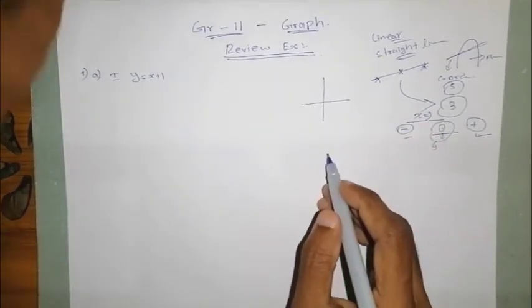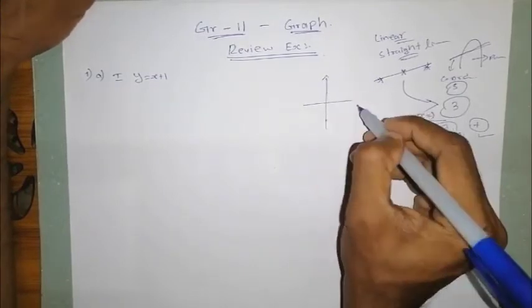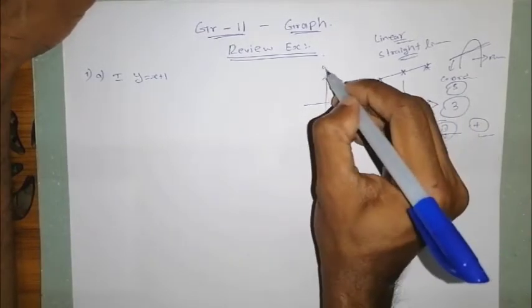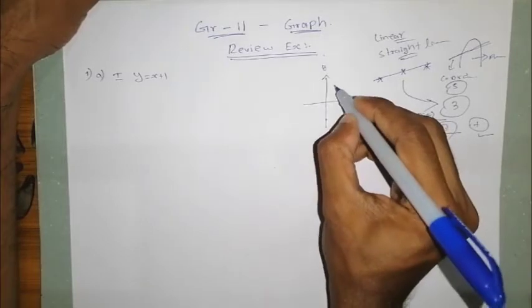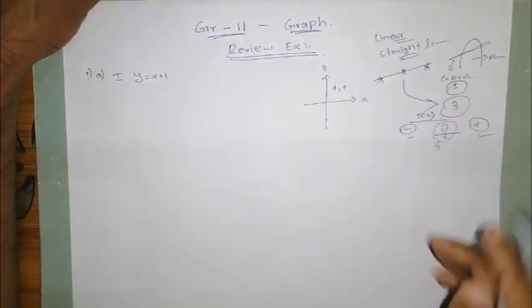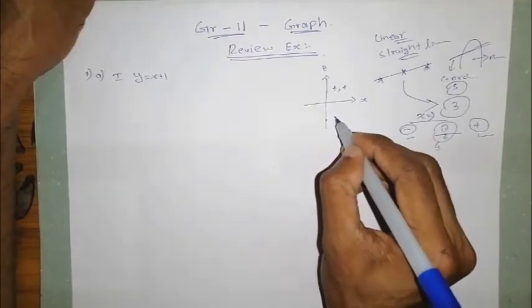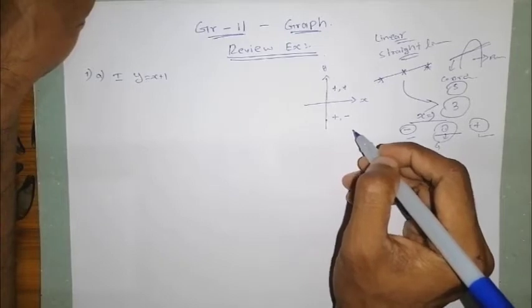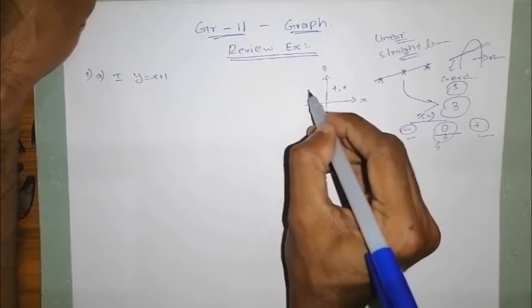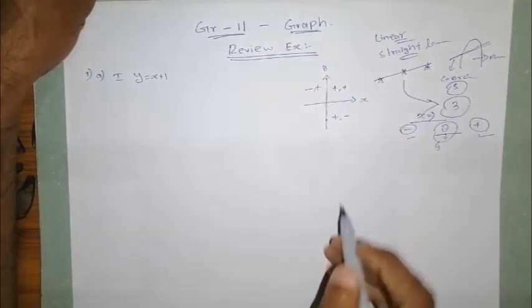If you check the Cartesian plane, with the x-axis and y-axis, we have 4 portions. In this portion, both x and y coordinates are positive. In this portion, the x coordinate is positive and the y coordinate is negative. In this one, the x coordinate is negative and the y coordinate is positive.